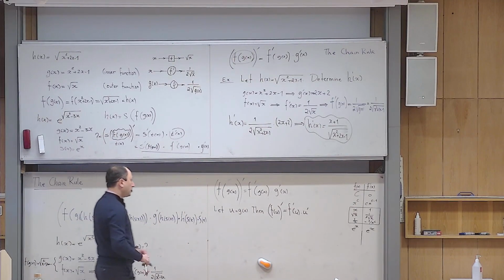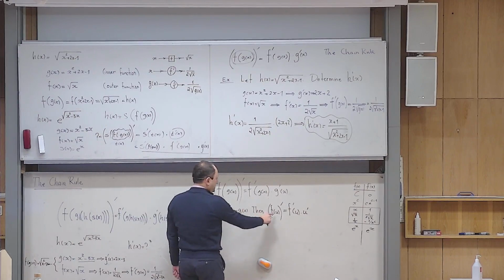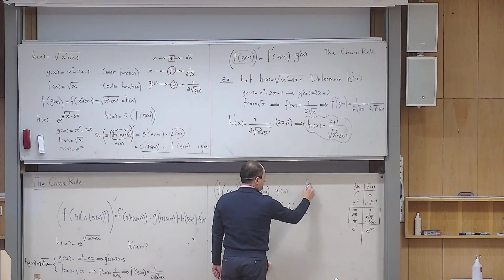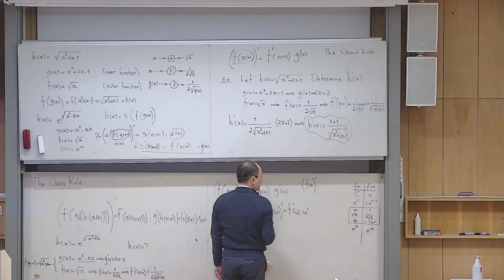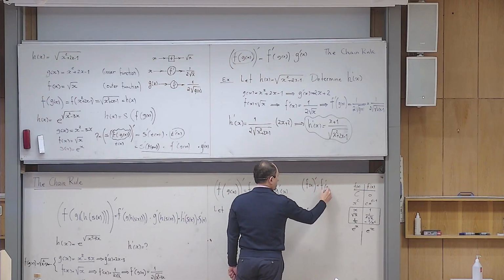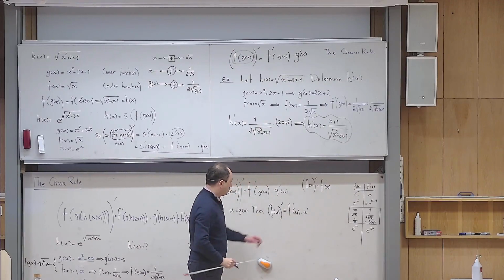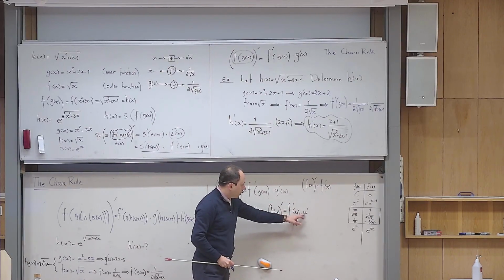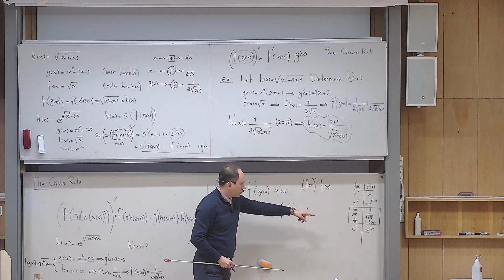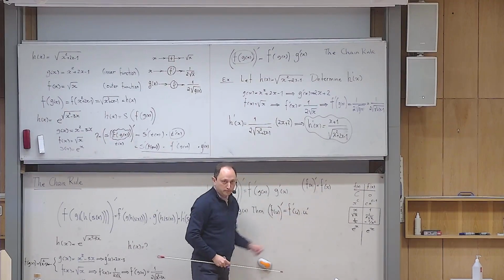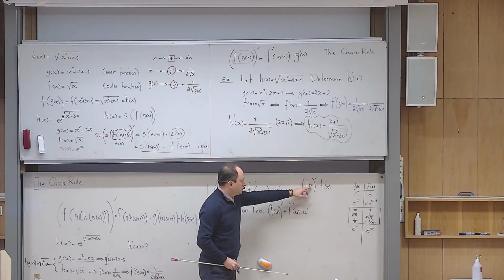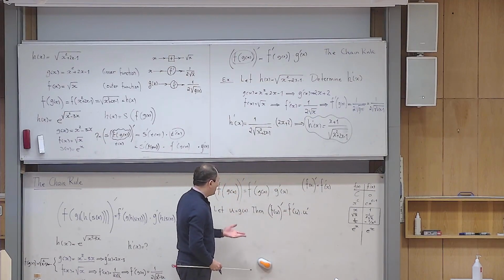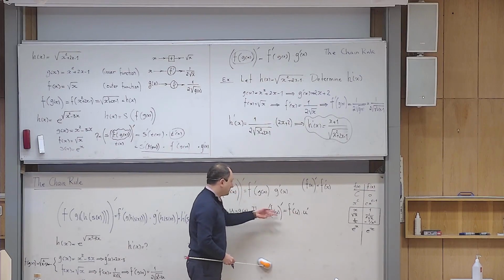So this is important. If I have just x here, there is no difference between saying f of x prime or f prime of x. They are the same, because if x plays the role of u, then u prime becomes x prime, but x prime is 1, so these two are equal. But if u is not the trivial case, for example u itself is x squared, another function of x, then this is the chain rule written in this new form.